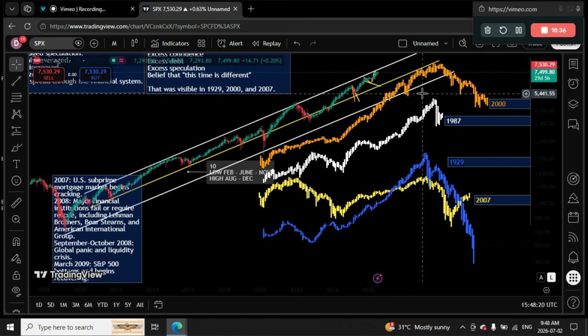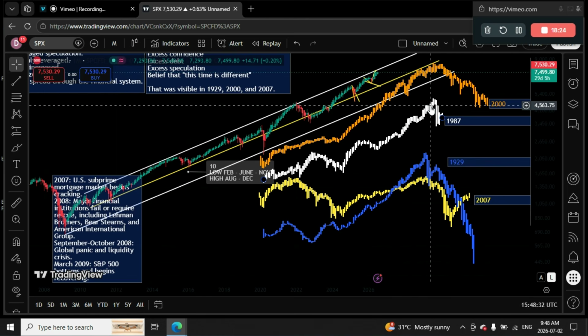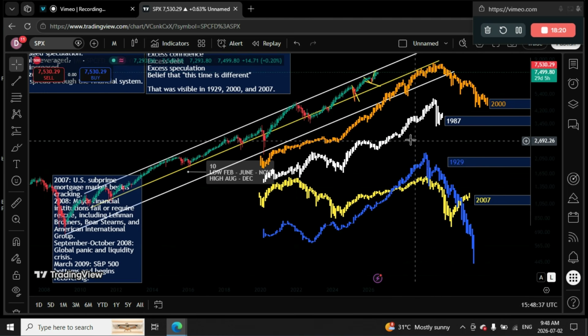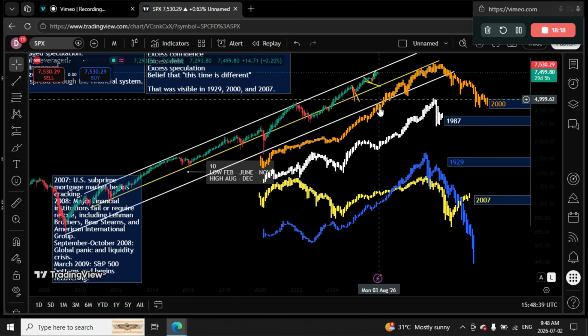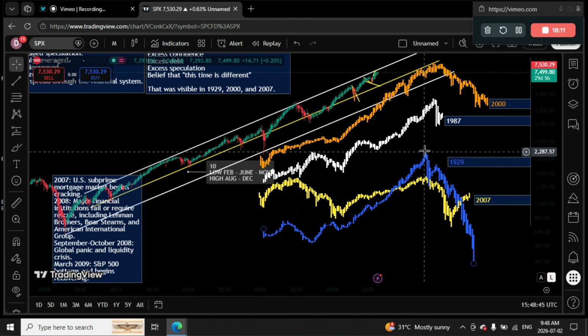So time is more important than price, and that's what W.D. Gann stated over and over and over again. And once time overcomes and overbalances in the market, then price has to follow. Anyways, guys, I thought I'd show you how these patterns line up and give us an indication of what we can see moving forward.